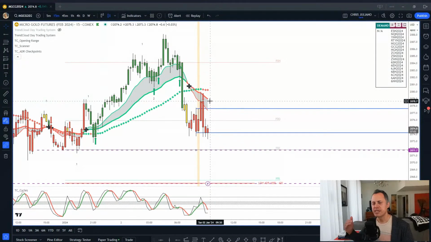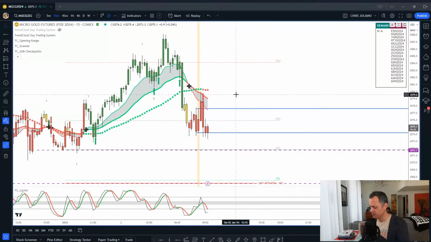So you take targets and scale out of the trade until you're down to one contract left. Then you can let your winner run as far as it's going to go. Fine, but you've got to scale out of that trade, and you've got to get risk-free as quickly as possible.